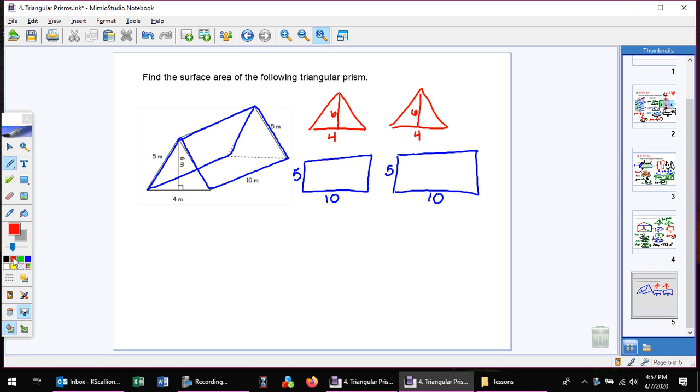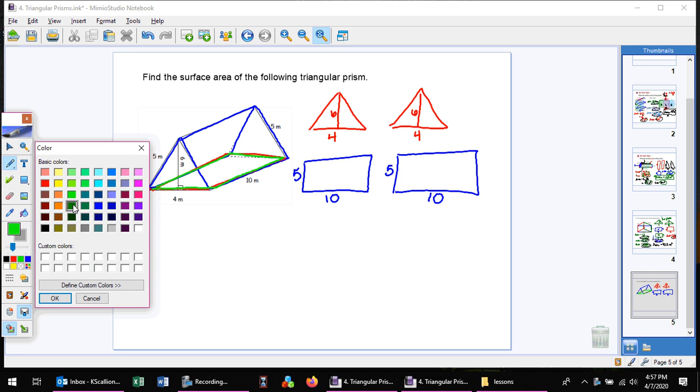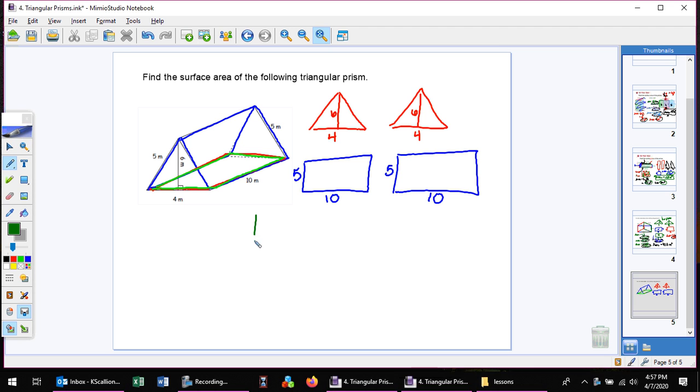If you've done already the math, you don't have to do it again. Now the base of this is 4 by 10. So, oh, I used red, geez Louise. Ooh, that's a really neon green. So let me just switch to a nicer green. Okay, so the green one is going to be a 4 by 10.